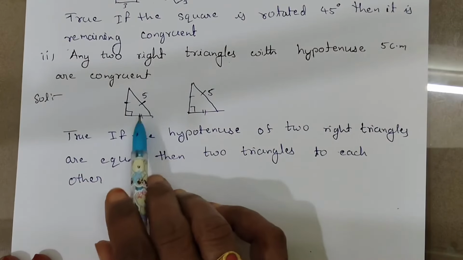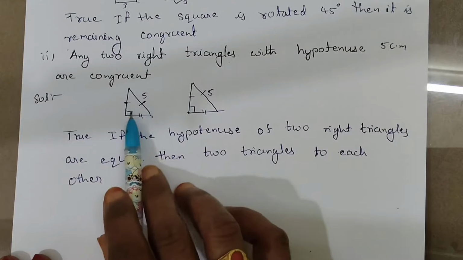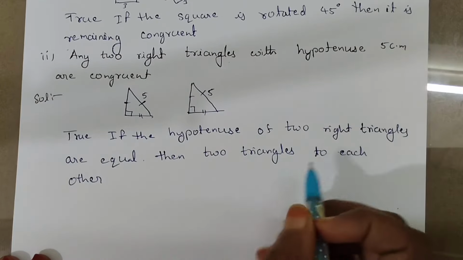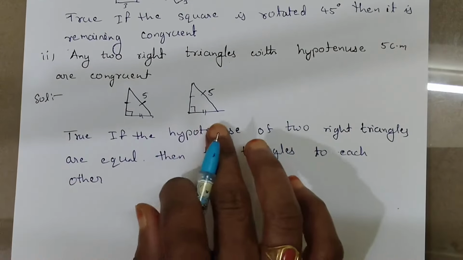Here three sides are equal, which means automatically three angles are also equal. So these two triangles are congruent.